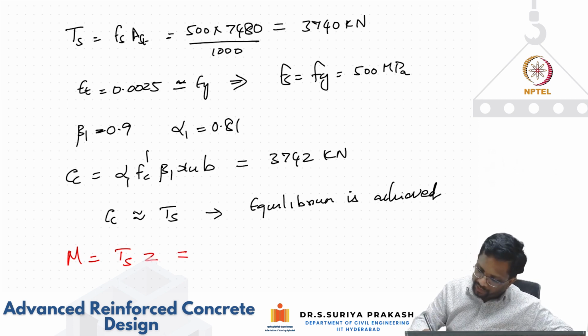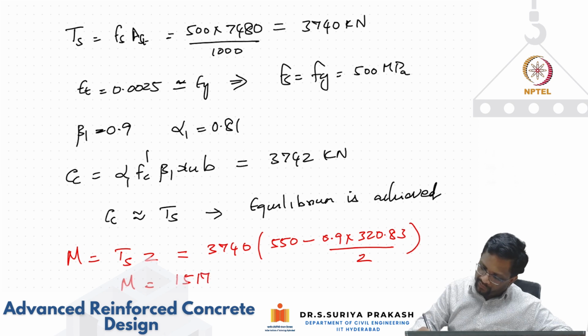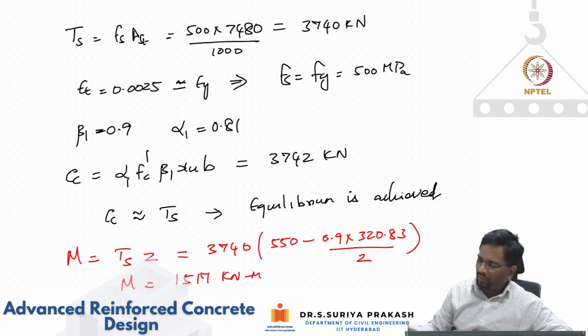So it is 3740 kilonewton multiplied by 550 minus 0.9 times 320.83 by 2. Substituting those values, the moment is 1517 kilonewton meter.